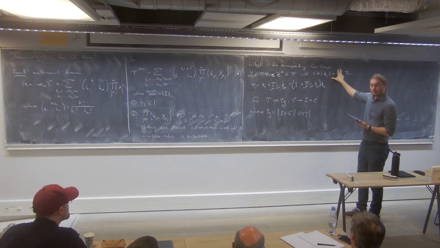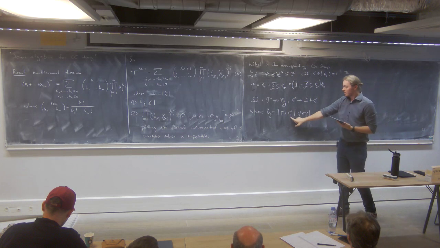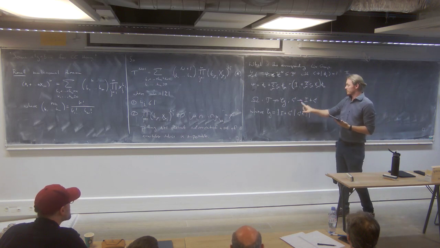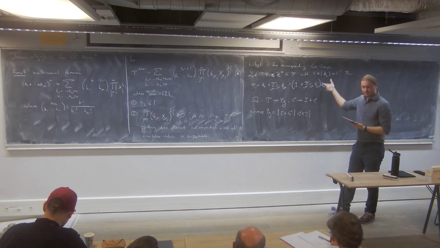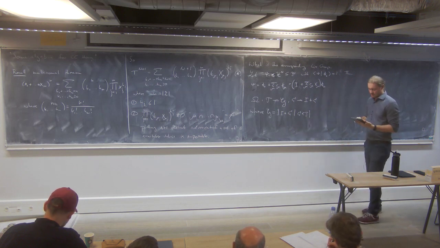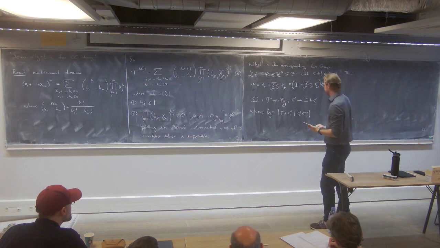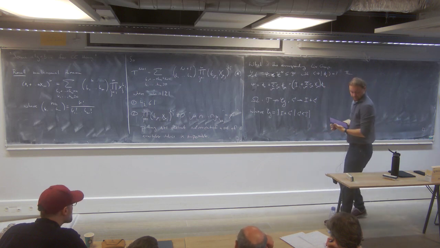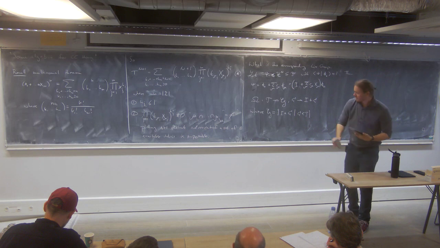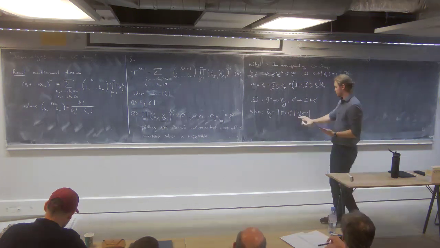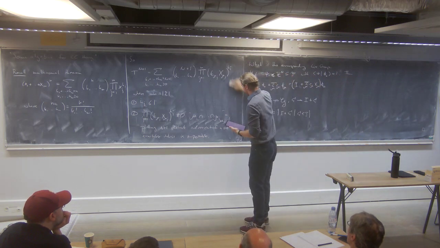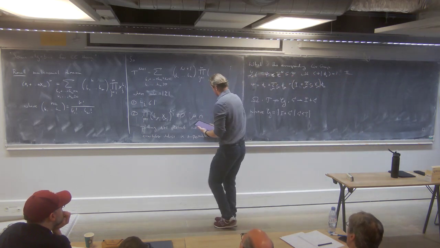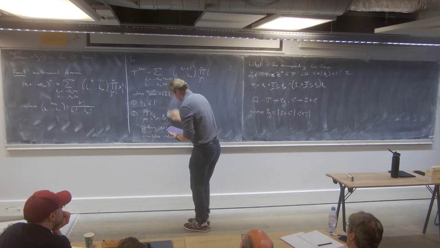For any state that looks like this, we can define a unique operator that maps the reference to this state, and vice versa, any operator defines a state. We could convince ourselves that this is true easily, and I will just use this as an intermediate step for showing that CC theory is equivalent to full CI.